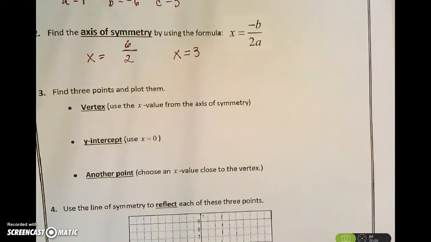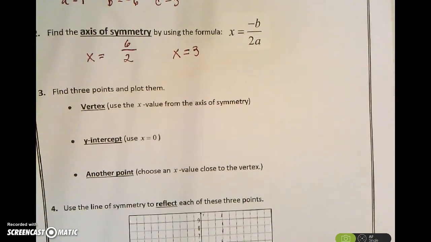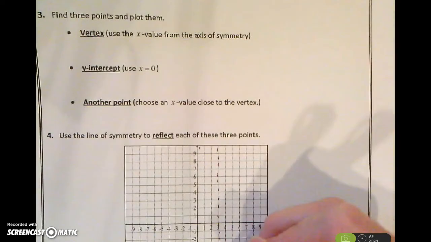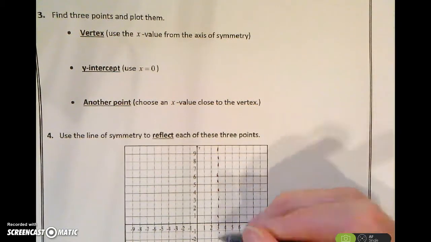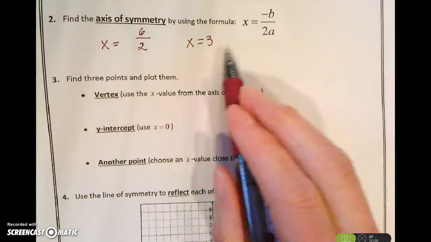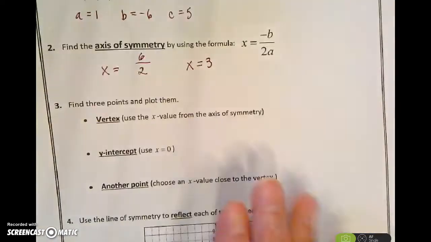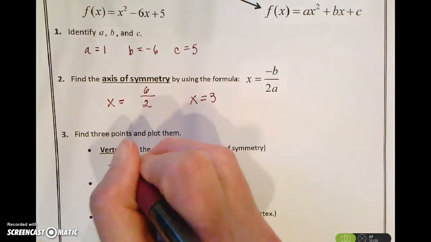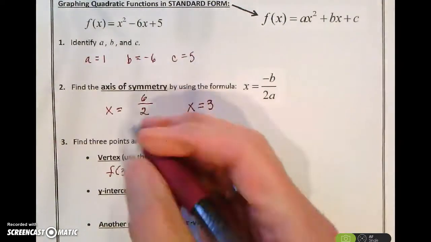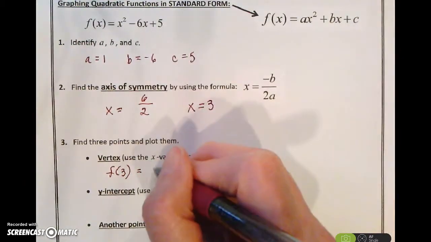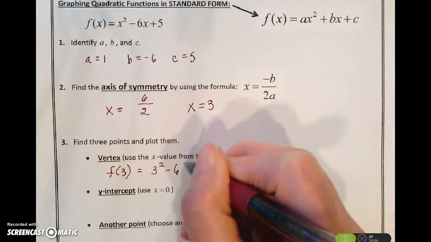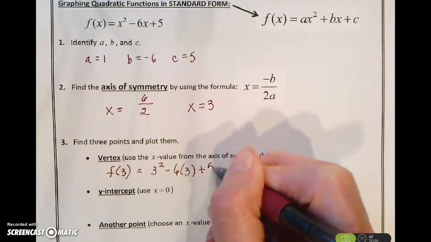Now we want to find 3 points and plot them on our graph. First, we're going to find the vertex, which, because the axis of symmetry goes through our vertex, will be using the x value from this, which is 3. So I'm going to calculate what f of 3 is and plug that into my equation. So x squared would be 3 squared minus 6 times 3 plus 5.